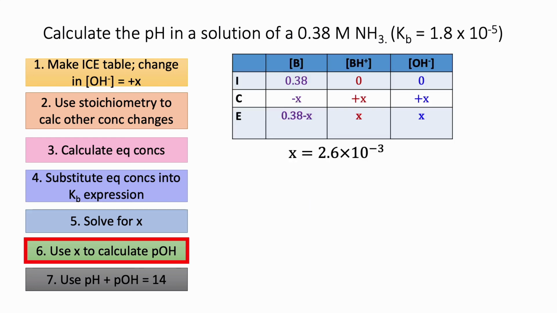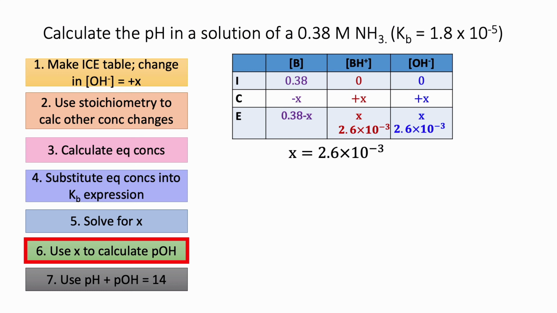So now we're going to use our x value to calculate pOH. And since that comes from the OH minus values, let's calculate the final equilibrium concentrations for OH minus. So that concentration and the concentration of our protonated base are both going to be 2.6 times 10 to the minus third. And technically that's the only concentration we need to know, but let's solve for our equilibrium concentration of base because we made an assumption to take our shortcut, and we need to see if that assumption is correct.